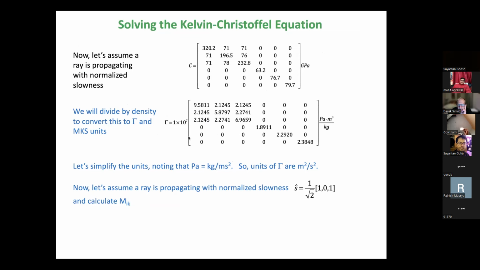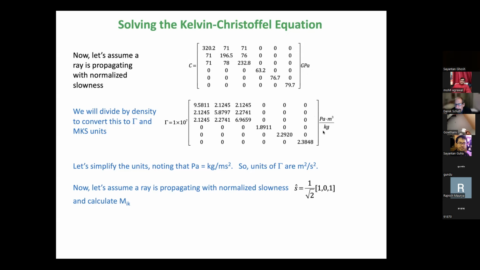So I'll divide through by density. And notice that this is in gigapascals, and I've converted to pascals, so I'm multiplying by 10 to the 9 times these units here. And the units of pascals are kilograms per meter second squared.